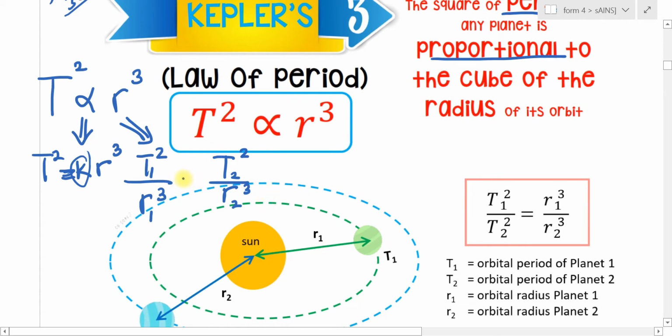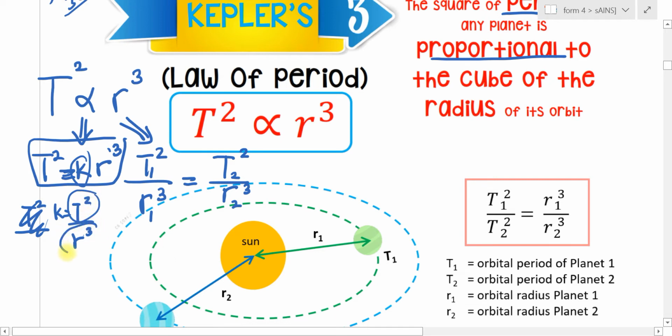Both will be equal. Why equal? Because no matter what, T squared over R cubed. Analyze this situation. When we make K the subject, it's T squared over R cubed. So no matter what T value or R value you put, it definitely equals K. So your T1 squared over R1 cubed is also equal to K, and your T2 squared over R2 cubed also equals K.